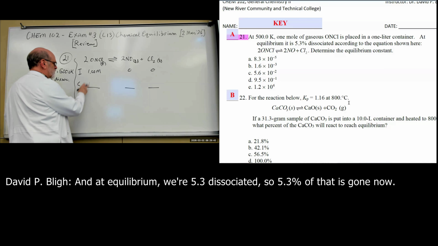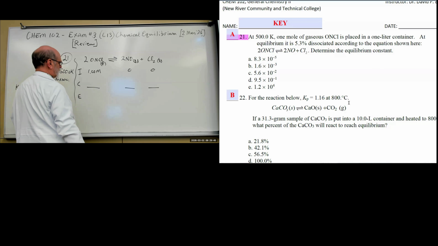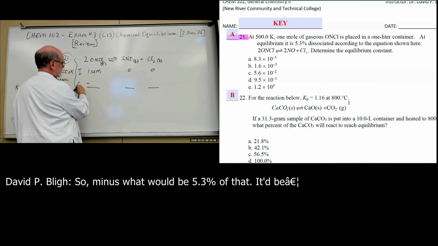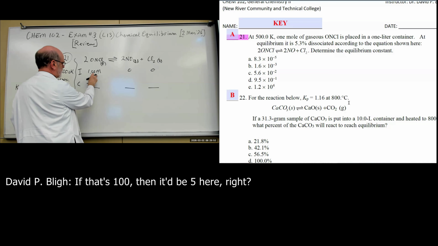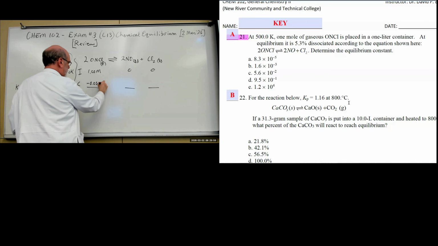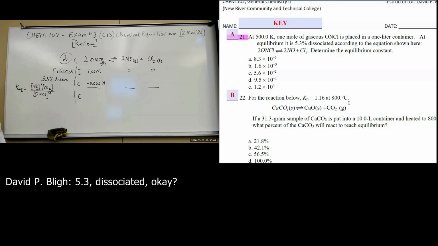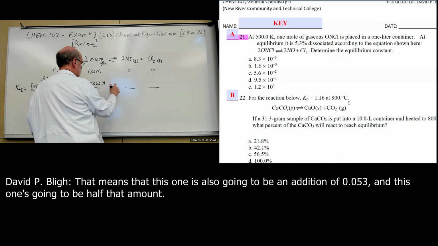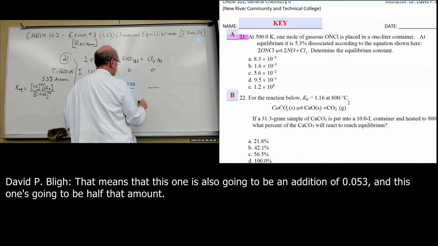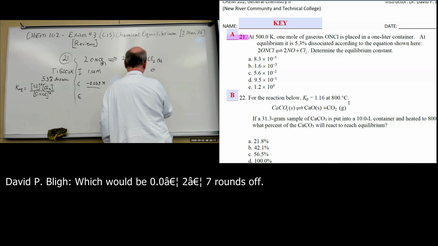So 5.3% of that is gone now. So minus what would be 5.3% of that? If that's 100, then it'd be 5 here, right? Correct? 5.3 dissociated. Okay. That means that this one is also going to be an addition of 0.053. And this one's going to be half of that amount, which would be 0.027 rounded off.